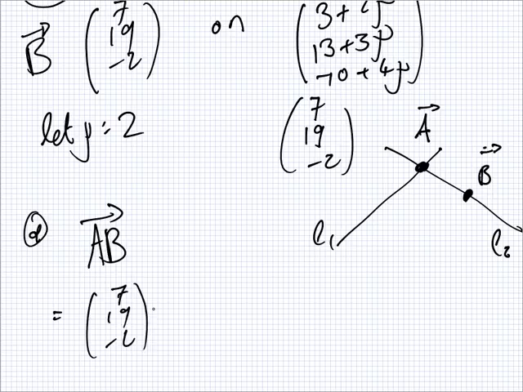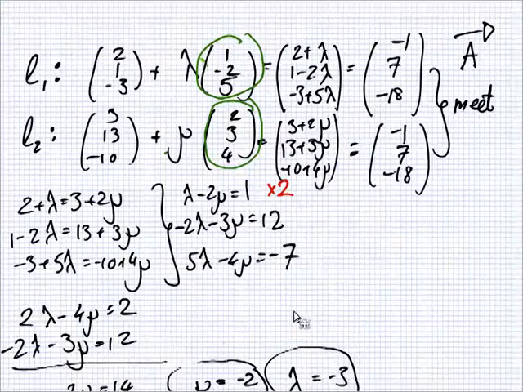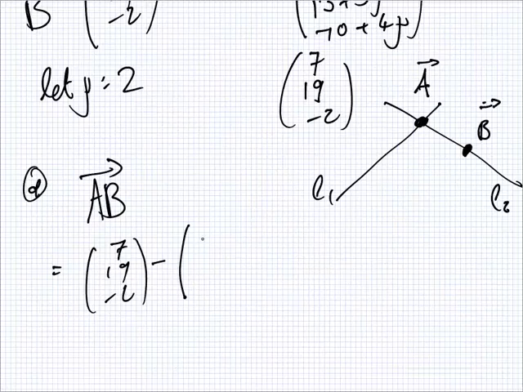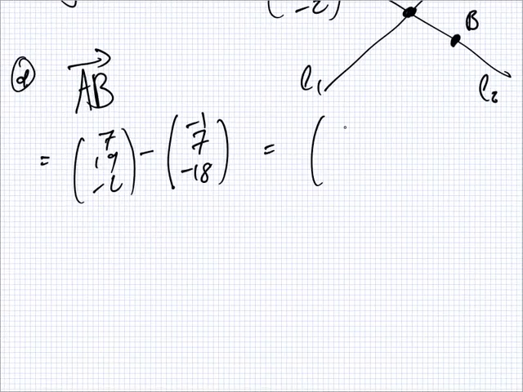And what's A? What was the answer from the first part? I'll check it here. (-1, 7, -18). Is that what I said? Yeah. Okay, so this will equal (8, 12, 16).